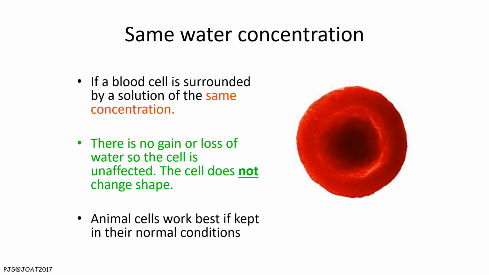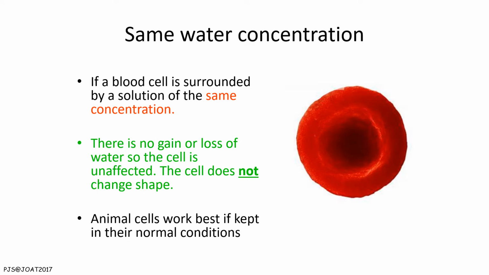As it was said with the picture before, if the blood cell is surrounded by a solution of the same concentration, there will be no gain or loss of water, so the cell is unaffected. Basically the water will still be moving, but it'll be going in as fast as it is going out, so it will be equal. So the cell will not change shape because there's no gain or loss of water.